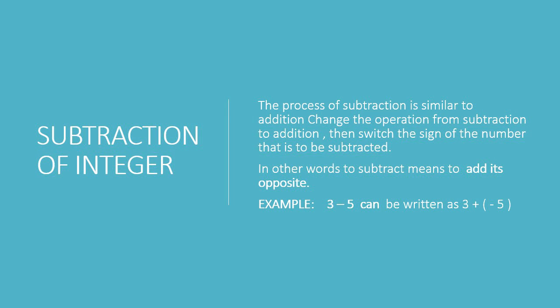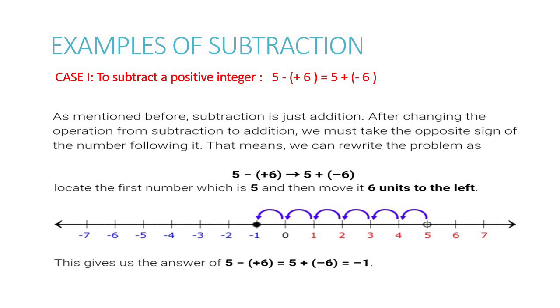Let's see an example of subtraction on the number line. In the first example, we'll subtract a positive integer from any integer. Let's take the example 5 minus 6. You have to subtract 6 from 5. As mentioned before, subtraction is just addition. So, after changing the operation from subtraction to addition, 5 minus 6 is written as 5 plus.